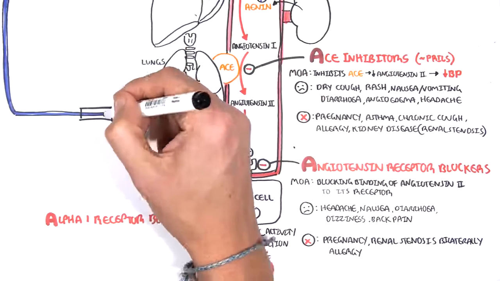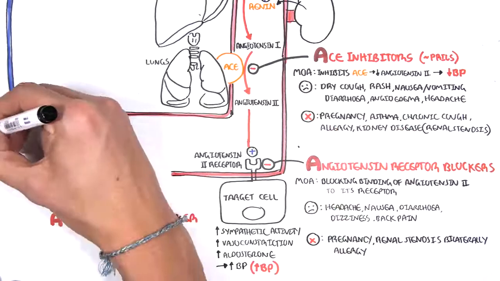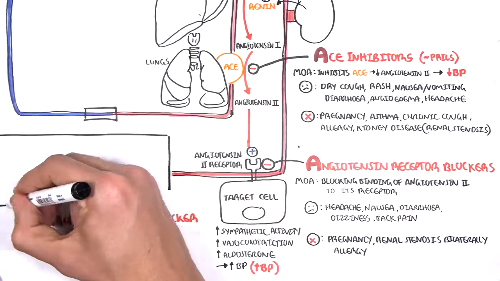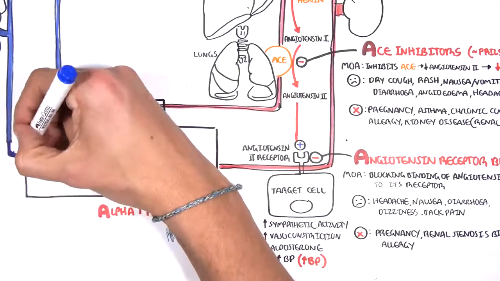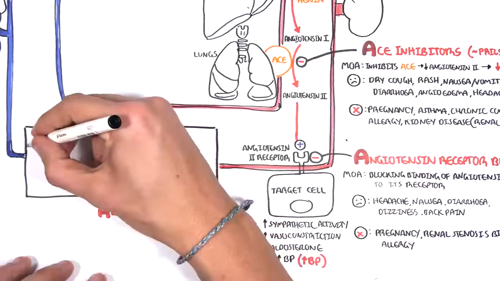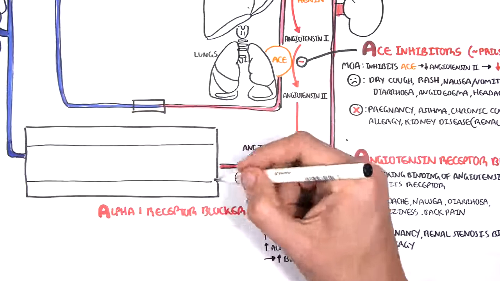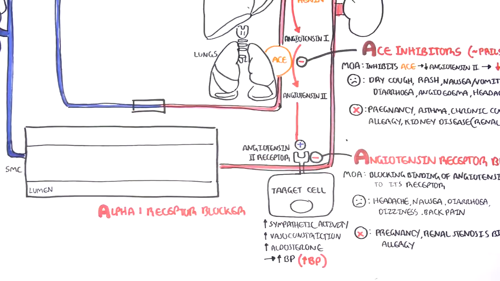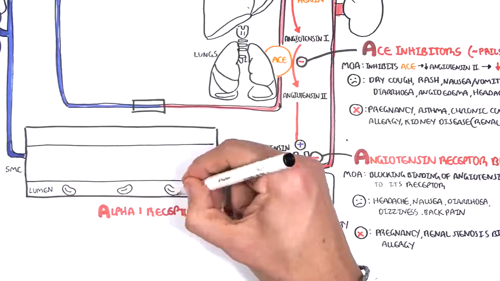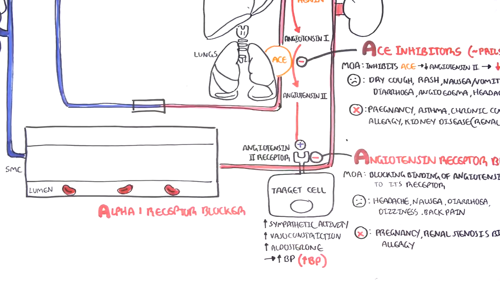Anyway, the final antihypertensives that begin with A are the alpha-1 receptor blockers. And these work on the vessel cells. So zooming into the blood vessels, here is the lumen of the blood vessel, and surrounding the lumen are the endothelial cells and the smooth muscle cells.